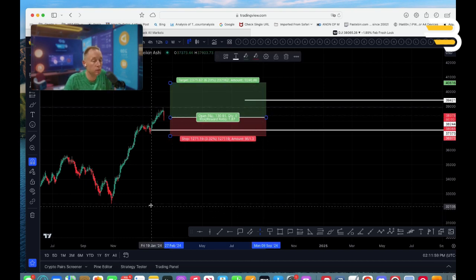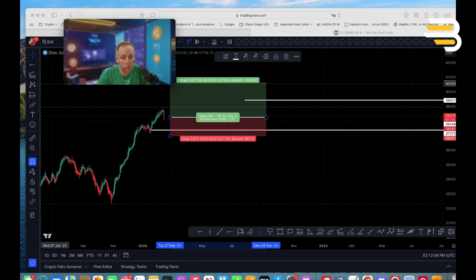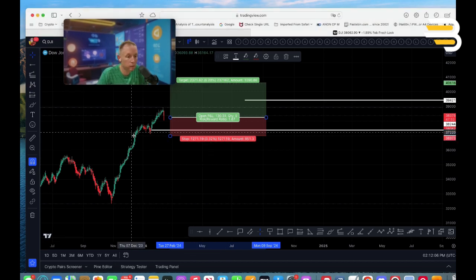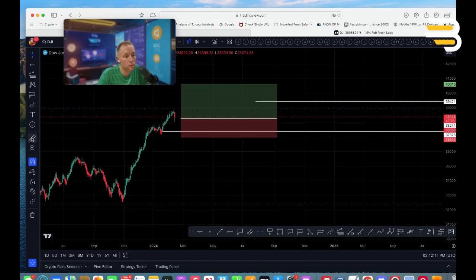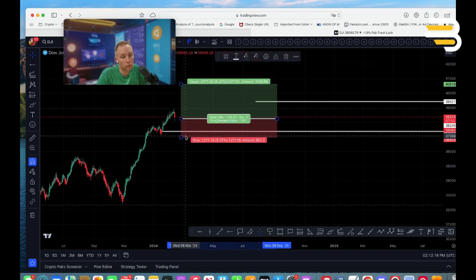Be thinking about those things, because, for example, here I could be reducing my risk by moving my stop below the wicks of these previous daily candles on the chart, which would, in theory, be less probable that I get stopped out.